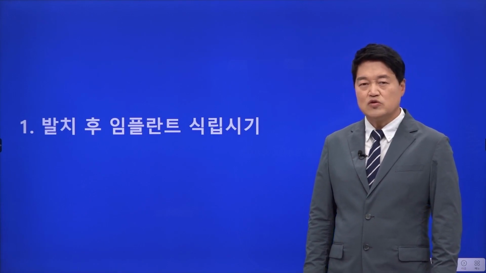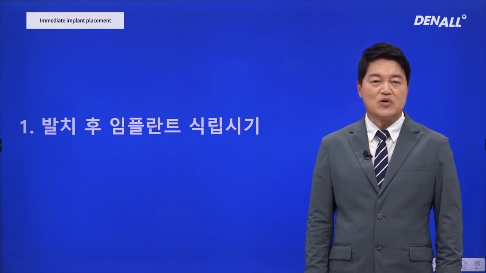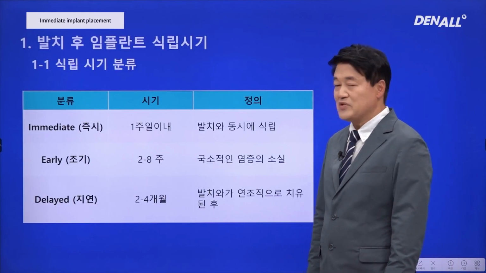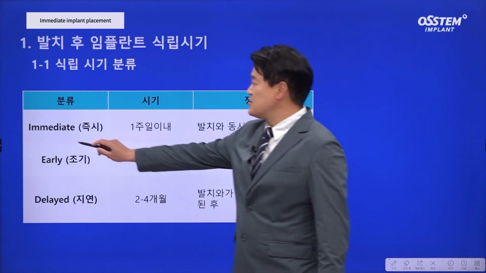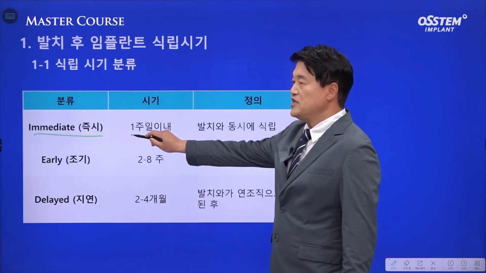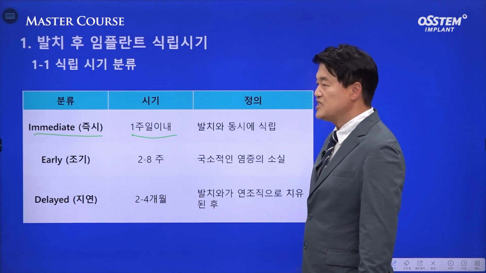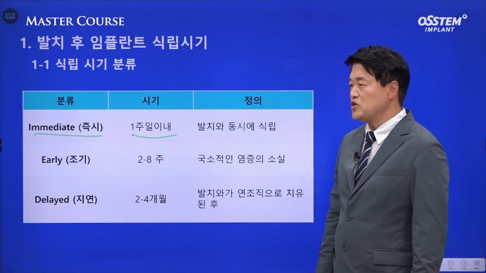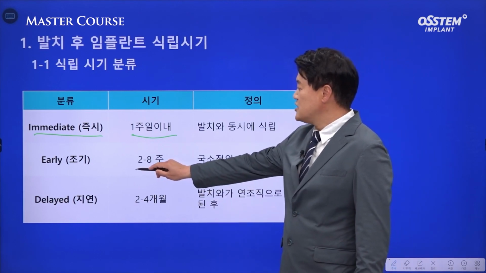Let's talk about implant placement after extraction. Depending on the period, there's immediate implant placement. This is placing implant within 1 week after extraction. As for early placement, it is placing implant between the 2nd and 8th week after extraction.